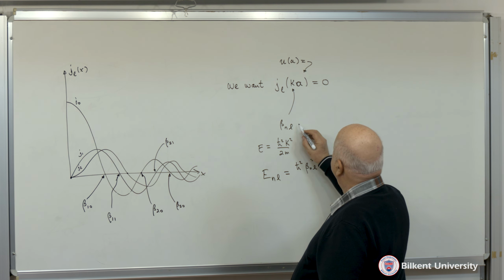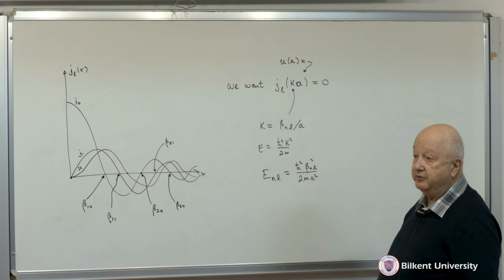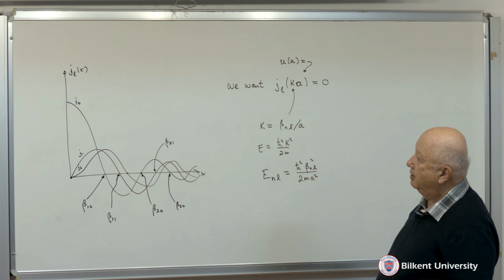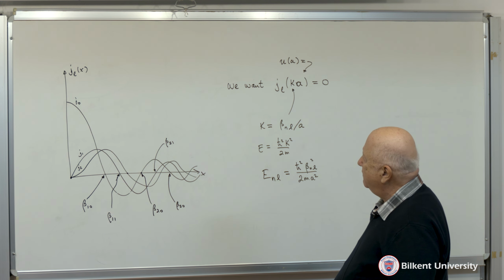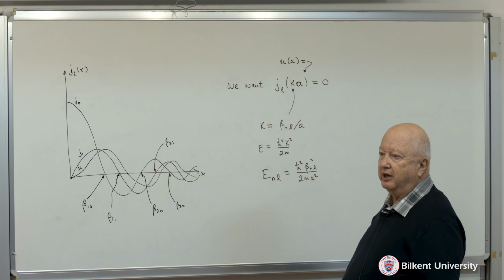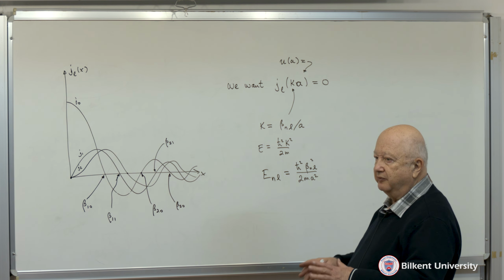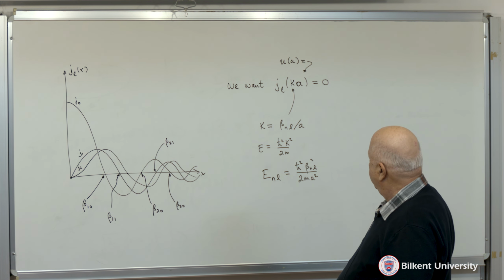So how do they behave asymptotically? Well, asymptotically they behave like sine waves as you get larger and larger. The asymptotic behavior for large r just becomes sine kr over r. No, I mean, how does beta_nL behave asymptotically? Well, it behaves like the roots of the sine function, so it goes like n pi over a, possibly with some phase shift.